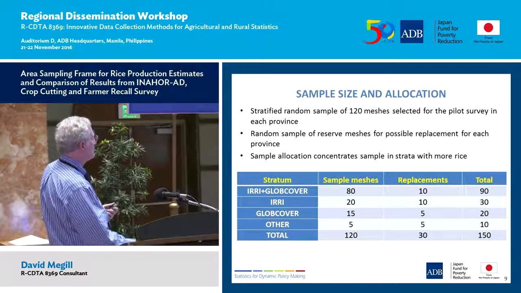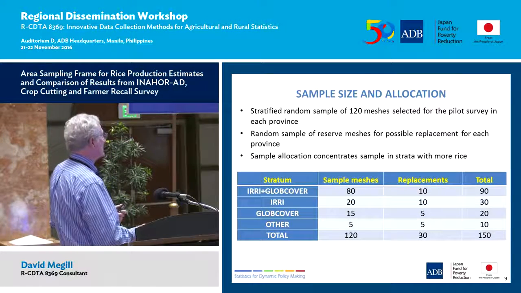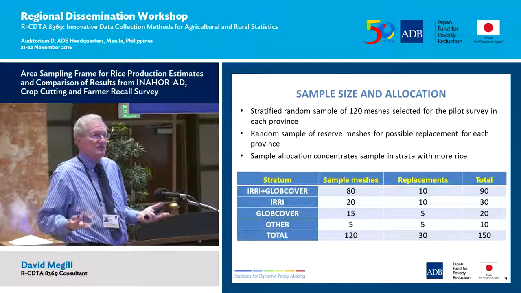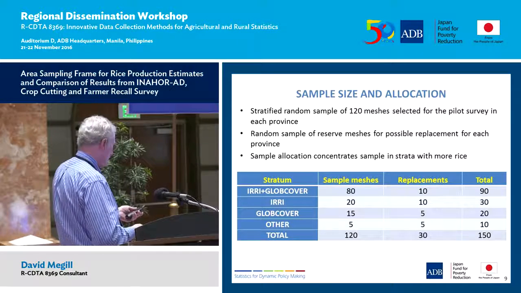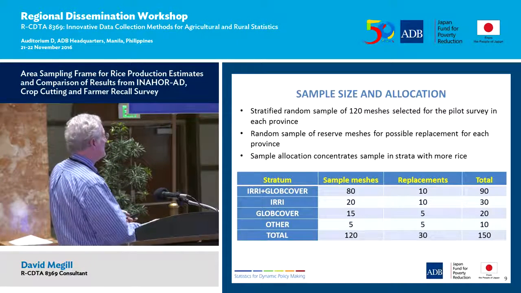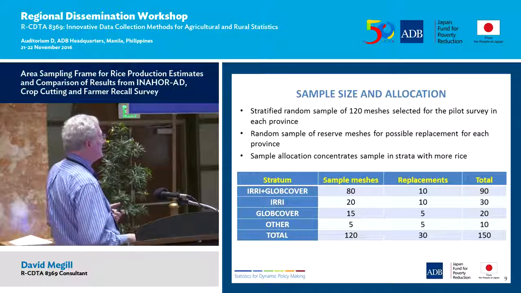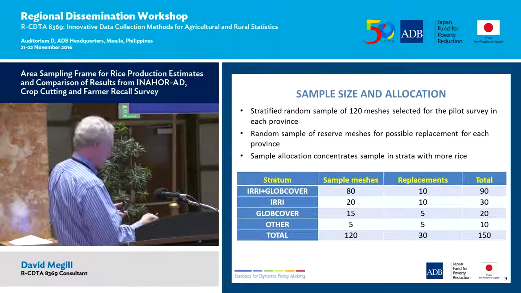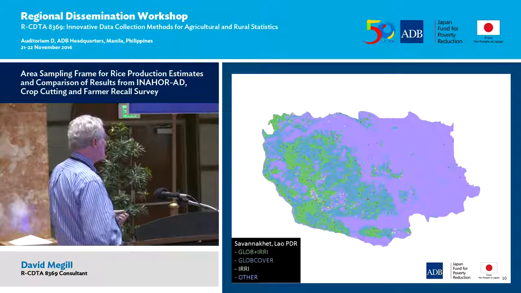And you can see these are based on the probability that we'll find rice in those particular areas. Since this is a pilot, we had a uniform design for all of the 4 provinces. And then we had replacements in case some areas could not be reached. The basic sample was 120 meshes for each province.